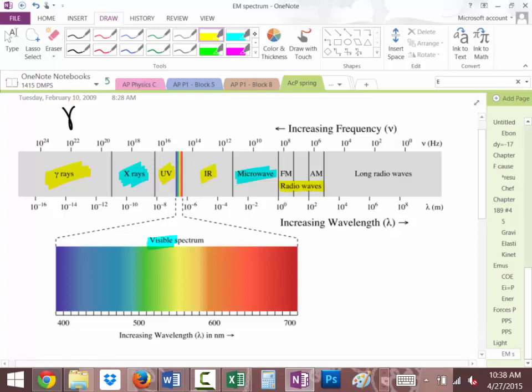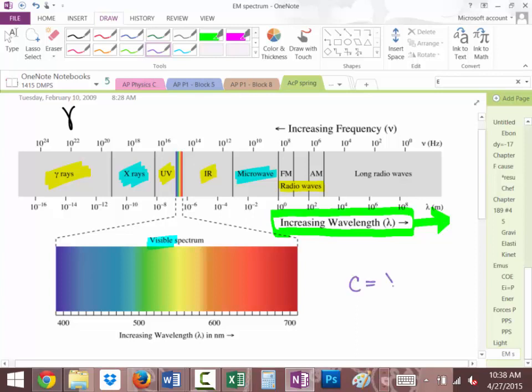You may want to write down on your sheet over here increasing wavelength when you go in that direction. And if we know that C is equal to lambda times F, if the wavelength goes up, what has to happen to the frequency? It has to go down.